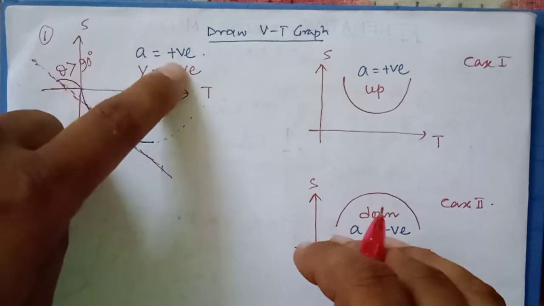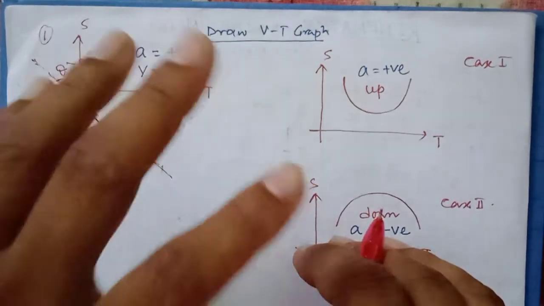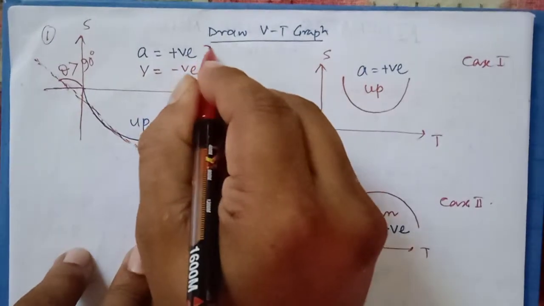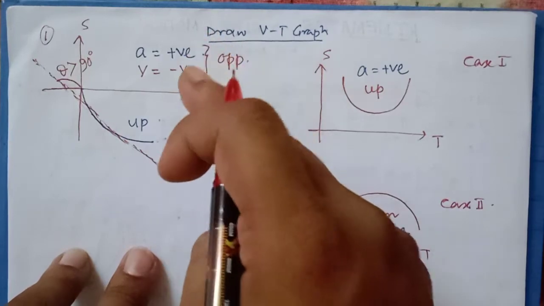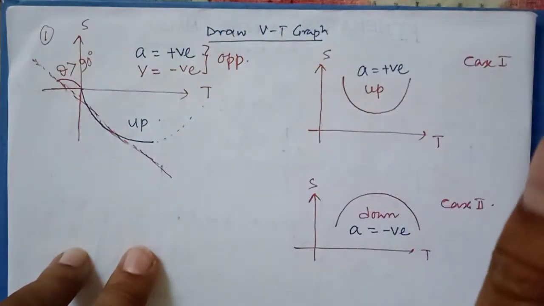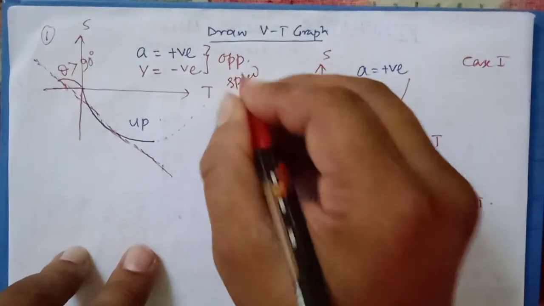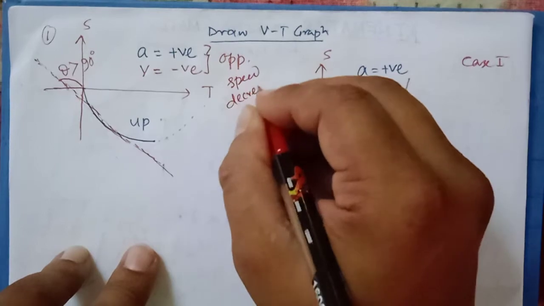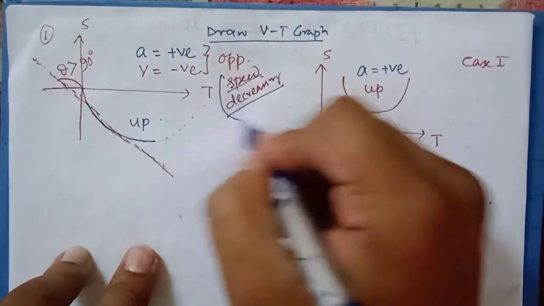If acceleration is positive and velocity is negative, if the signs are opposite, in that case speed will be decreasing. These are tricks you have to remember.